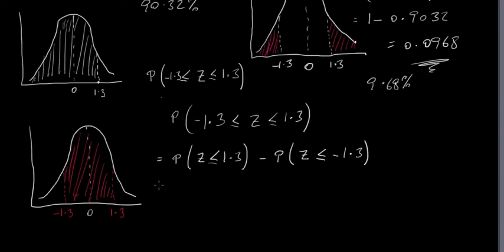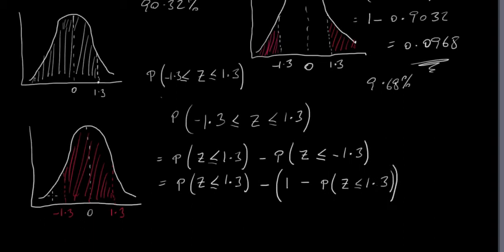So let me just write that out again. This is the probability that z is less than or equal to 1.3, minus this part here, which, as we've seen up here, is going to be 1, with a bracket here, 1 minus the probability that z is less than or equal to 1.3.